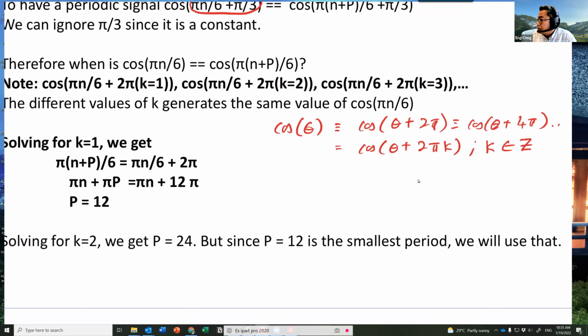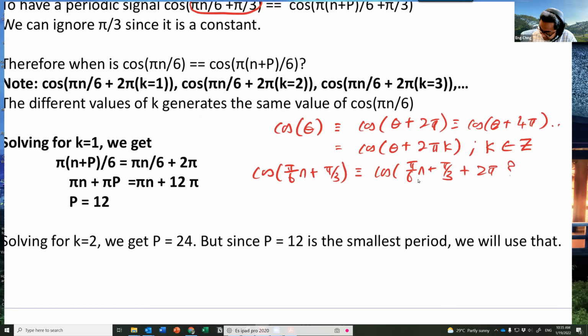Once we understand that cosine repeats every 2 pi, then what we are left with is this cosine. Our question is cosine(pi over 6 n plus pi over 3). When is this equal to cosine(pi over 6 n plus pi over 3 plus 2 pi)?